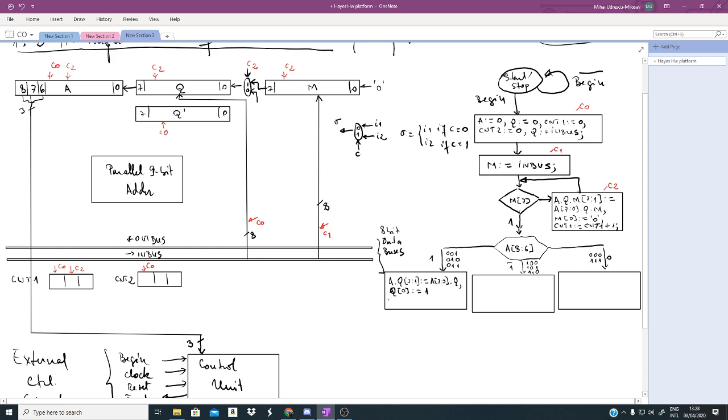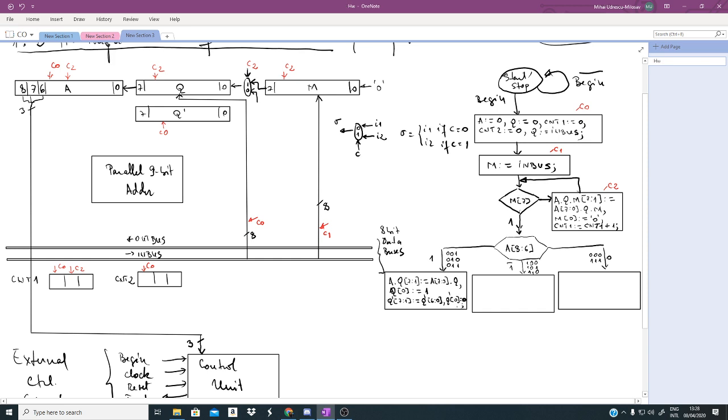And then in Q prime from 7 to 1, I put what was before in Q of 6 down to 0, and in Q prime of 0, I put 0.